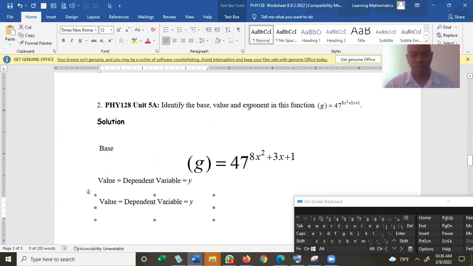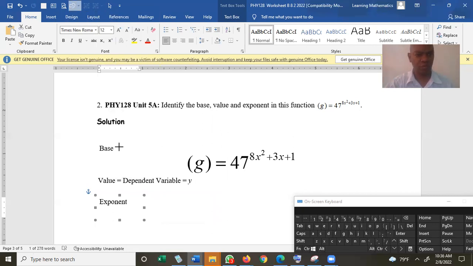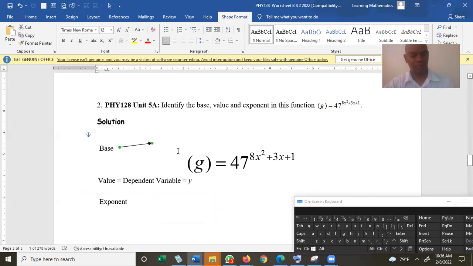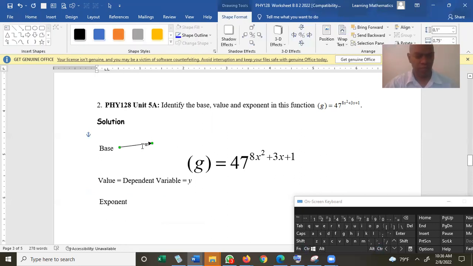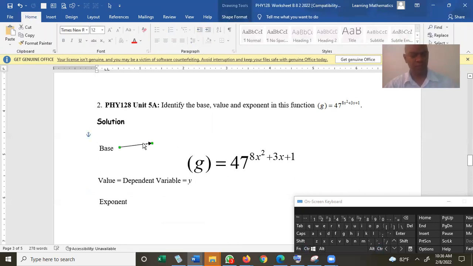And we want to identify the exponent of this function that we have here. So we also need 3 arrows, one for the base, one for the value, one for the dependent variable, and one for the exponent.